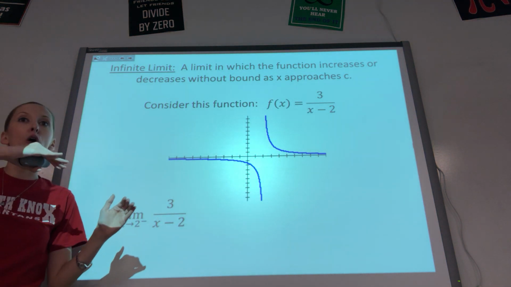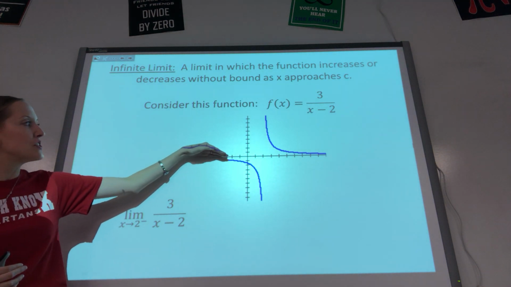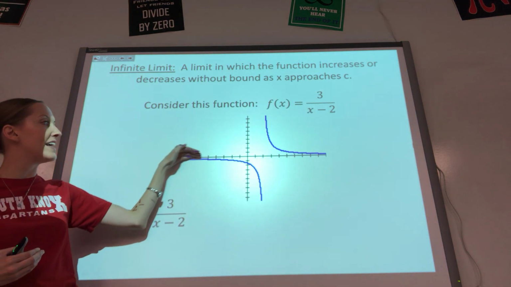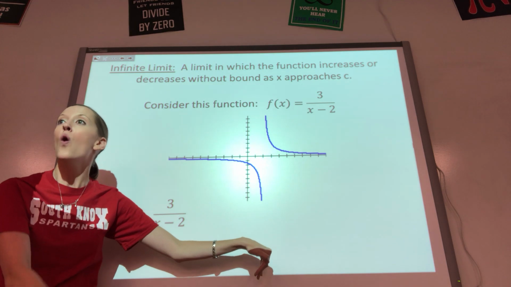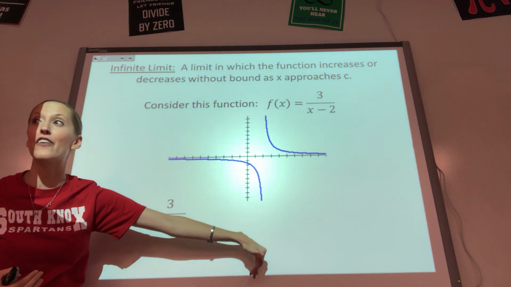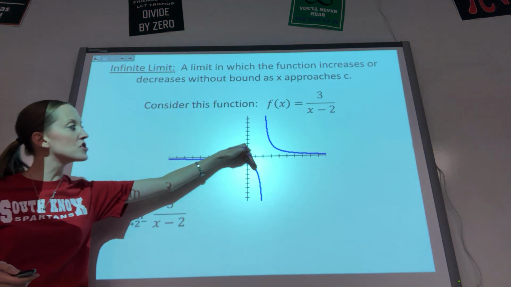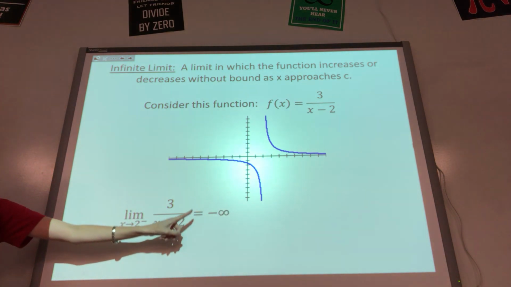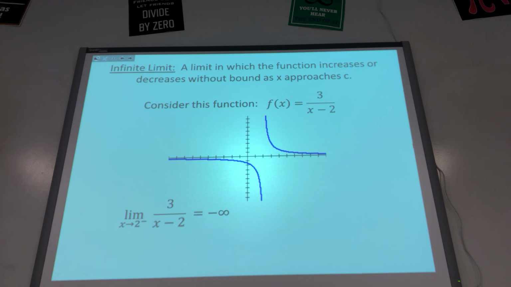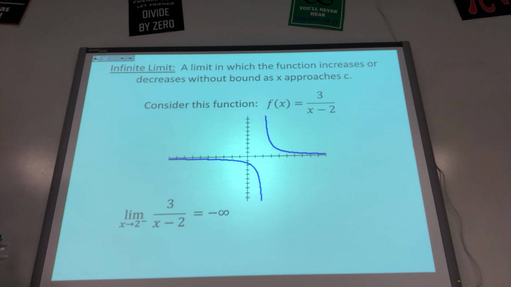It's not really approaching a single y value, but you can see as you get closer and closer to where x is 2, your function is decreasing without bound. It's going down forever and ever. So I'm going to say that this limit as x approaches 2 from the left is negative infinity, because it's decreasing without bound as x gets closer and closer to 2.